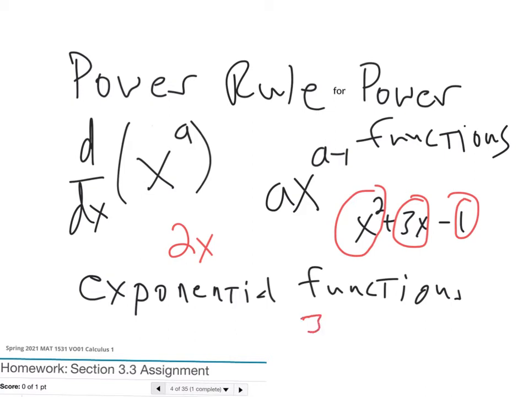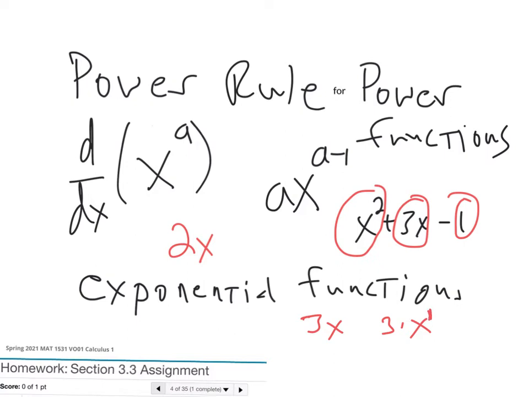If I have the derivative of 3x, well, isn't that 3 times x? So let's think about this. If I have a number in front of a variable, how do I deal with that? Well, for now, I'm going to just let you trust me on this. When we do the product rule, I'm going to come along.